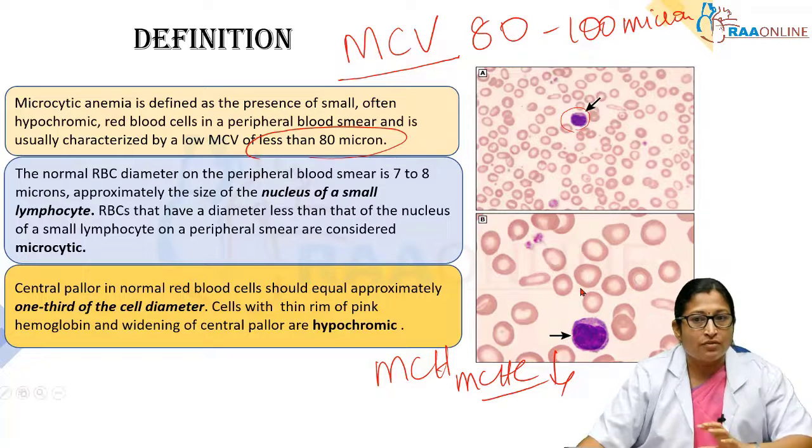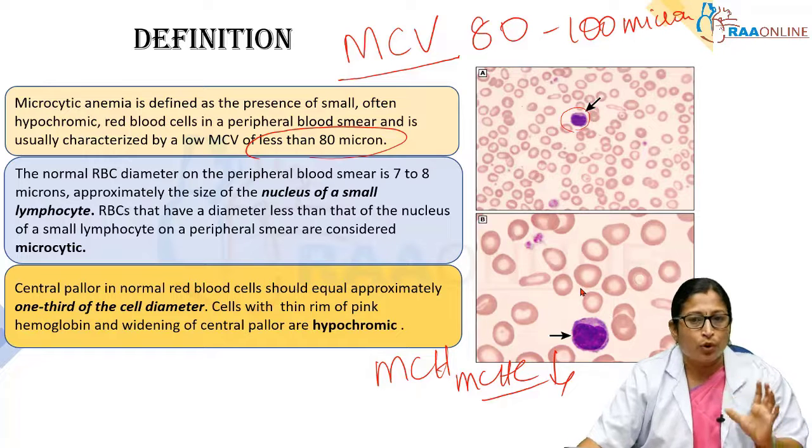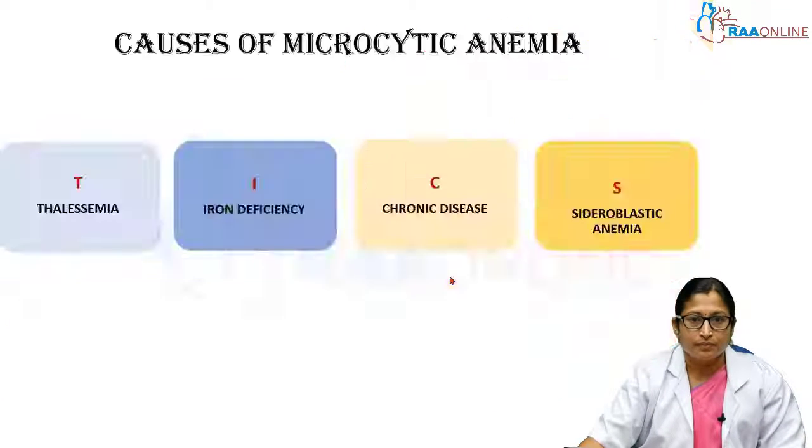Cells which have a larger or wider central pallor are called hypochromic cells. So this is how we define microcytosis and hypochromia: MCV of less than 80, or in a peripheral blood smear, the RBCs are smaller than the small lymphocyte nucleus, and if the central pallor is wider, we call them hypochromic cells.